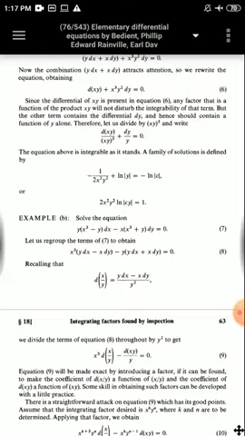Recalling that d of x upon y is equal to y dx minus x dy divided by y square, we divide the terms of equation 8 throughout by y square to get x cube into d of x upon y minus y d of xy upon y equal to 0.